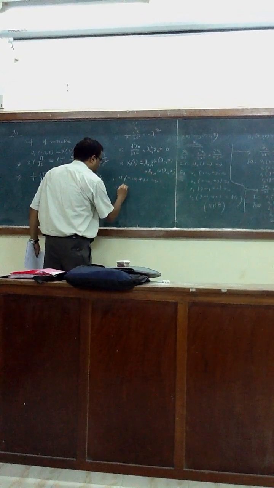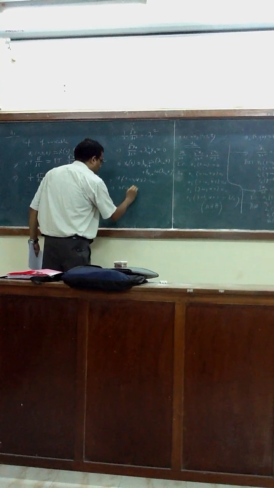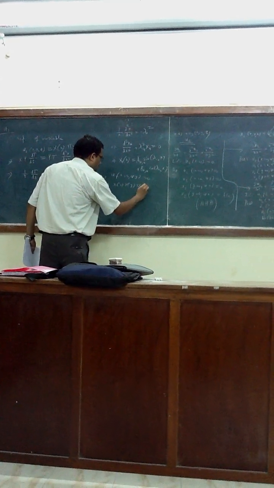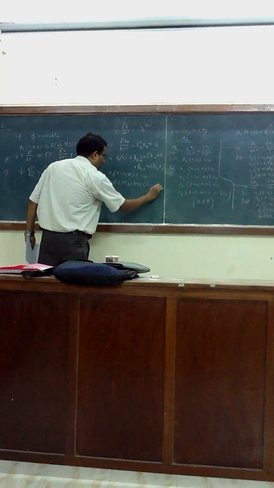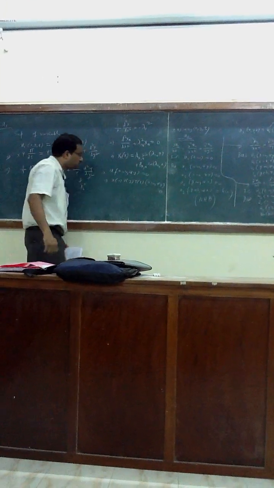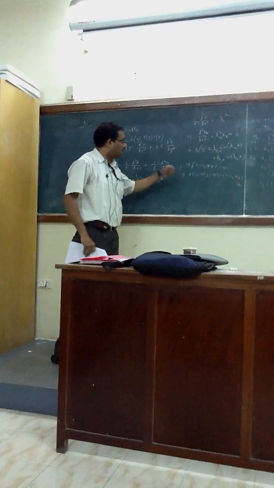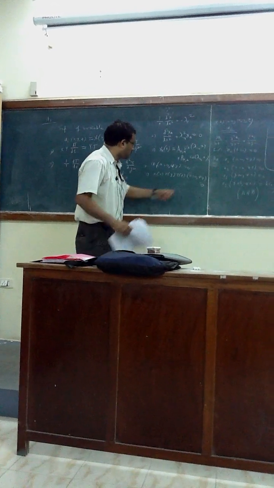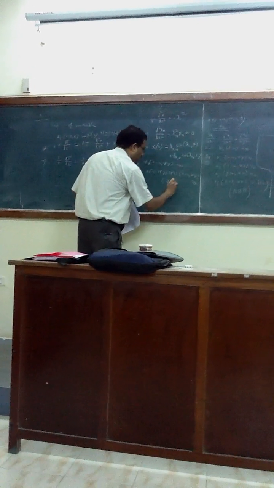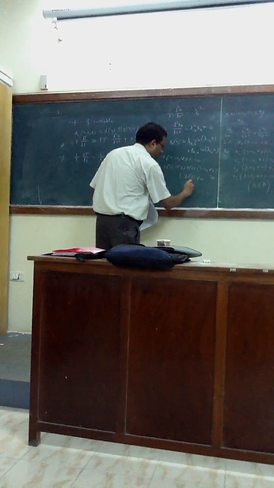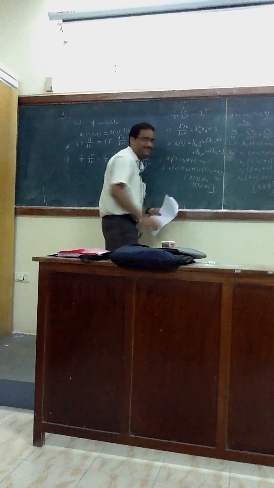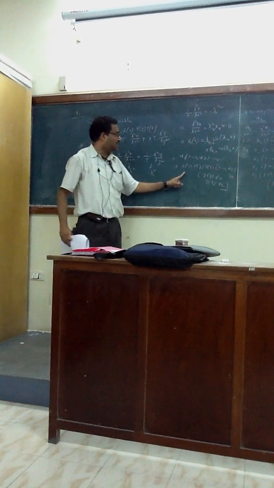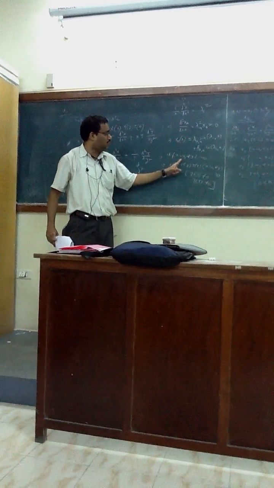And u, which is X(x) Y(y) T(t), equals 0 at x equals 0. At this boundary, I can put X of x equals 0 provided Y of y is non-zero and T of t is non-zero.